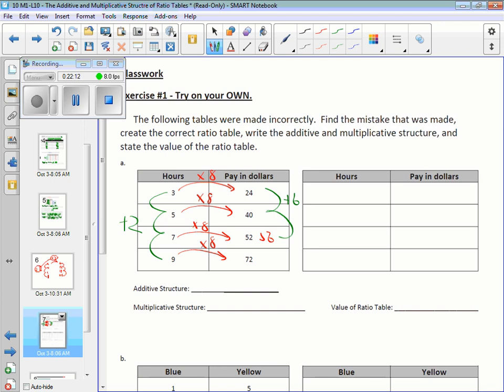Is it? So we look like we have the incorrect value. Is 56 plus 16 72? Yes, it is. So therefore, our ratio table needs to be this.